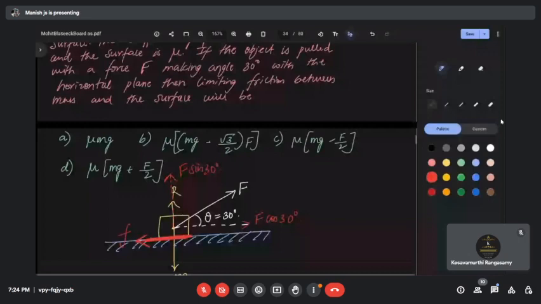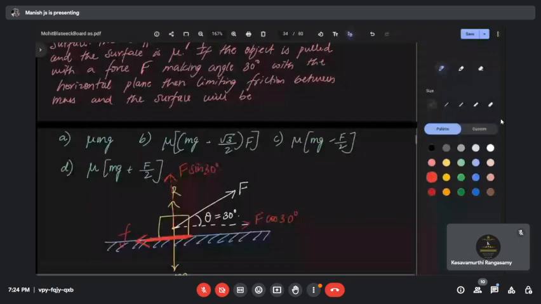You can see the force F acting. What is acting upward? F sine 30 degrees, with plus as the sign convention. Plus R. Then what else do you have?